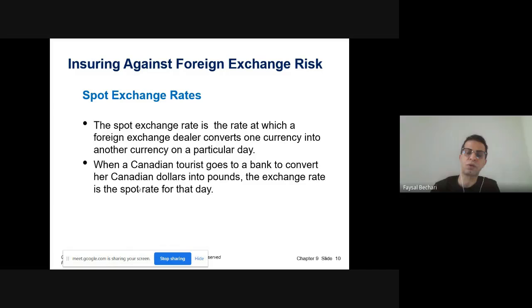So today I go to the market, to a foreign exchange store, and I give them 140 Canadian dollars. They give me $100 American, for example. I did a spot exchange. When a Canadian tourist goes to a bank, for example, to convert her Canadian dollars into pounds, the exchange rate is the spot rate of that day.